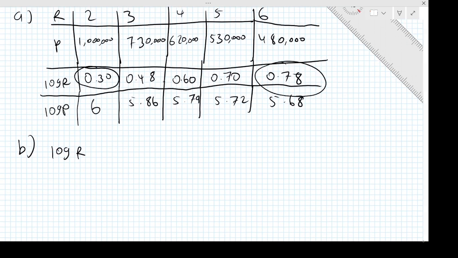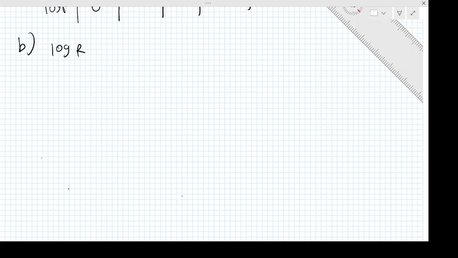If we start at 0, let's go up in 0.05s: 0.1, 0.2, 0.3, 0.4, 0.5, 0.6, 0.7, 0.8, 0.9, and 1.